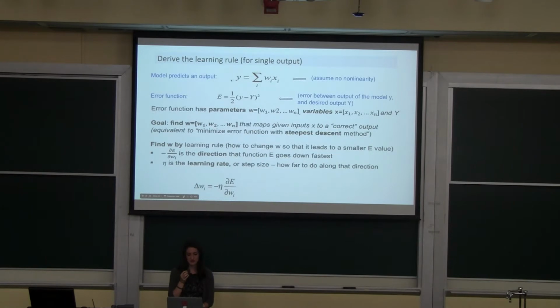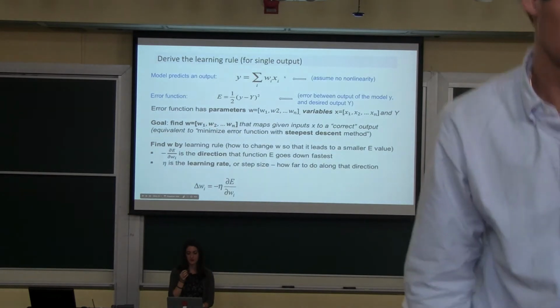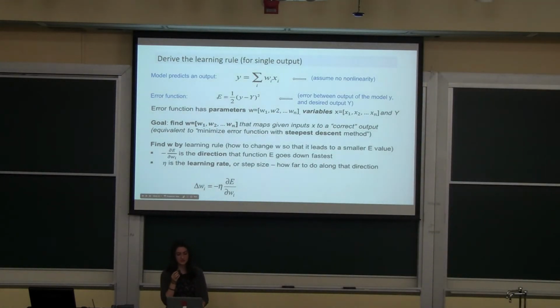Then, using the error function, you can derive the weights. This is the generic equation for weights, where there's a learning rate constant multiplied by the gradient descent. The negative of the gradient indicates that you want the direction that is most negative, so that the error decreases the fastest.